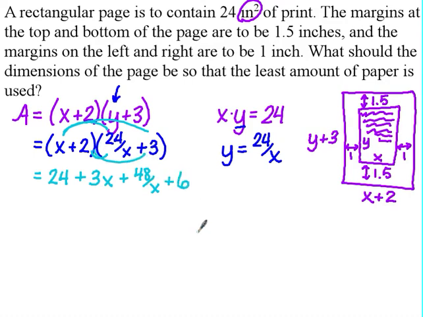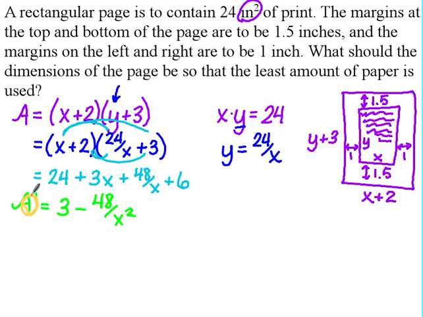Now I could go ahead and add those together, but I don't need to in order to find the derivative. Because the derivative of 24 is 0. The derivative of 3x is 3. The derivative of 48 over x is negative 48 over x squared. And the derivative of 6 is 0. So that's why it really didn't benefit you to add those and then find the derivative.